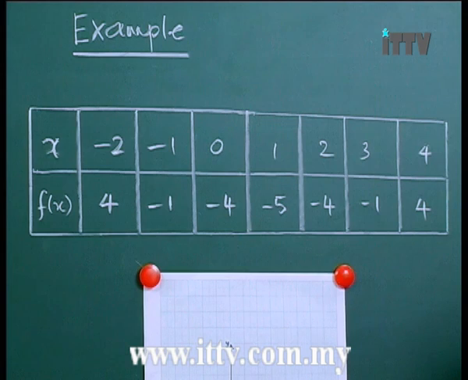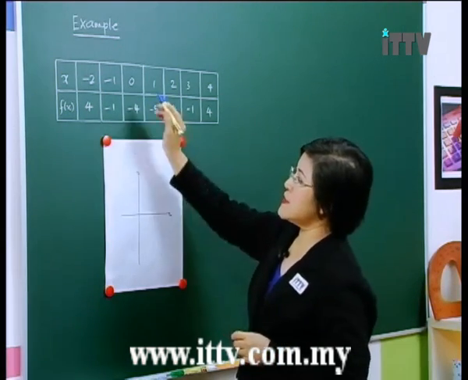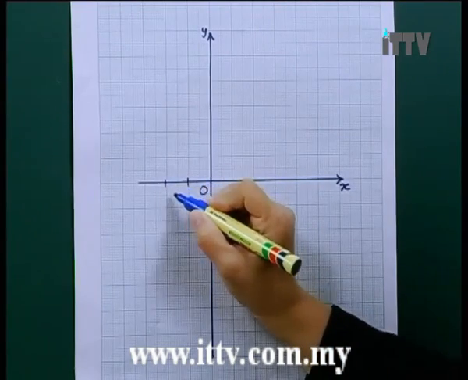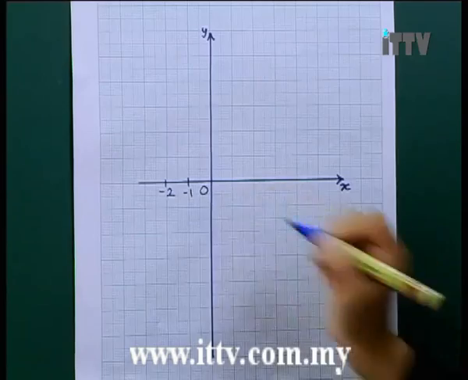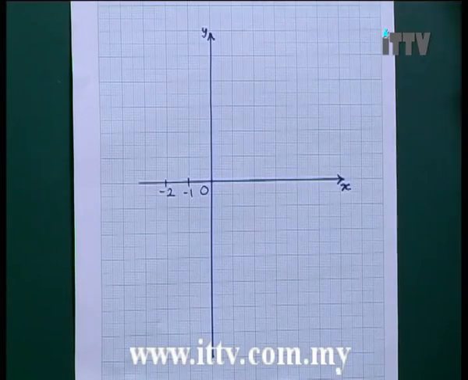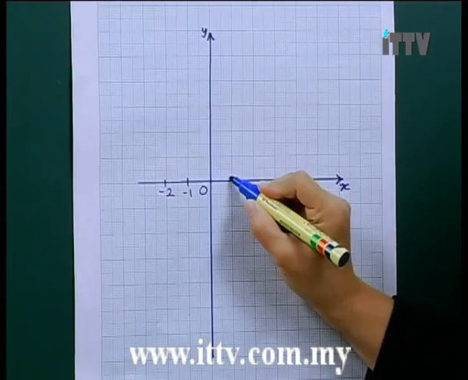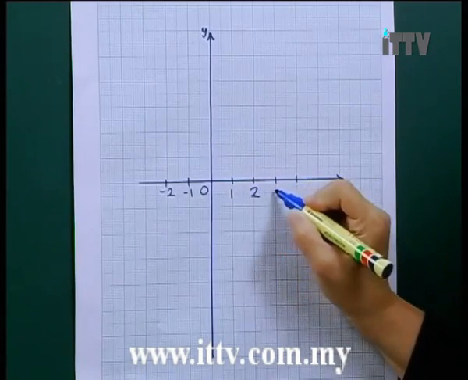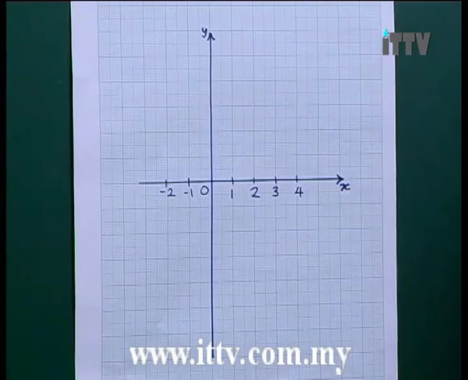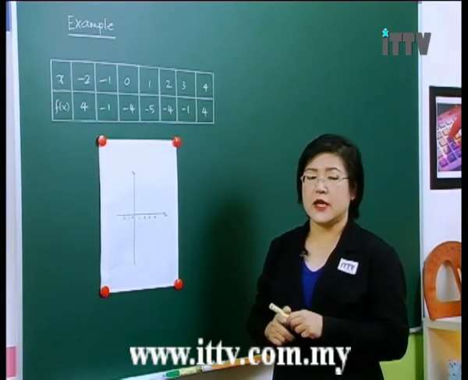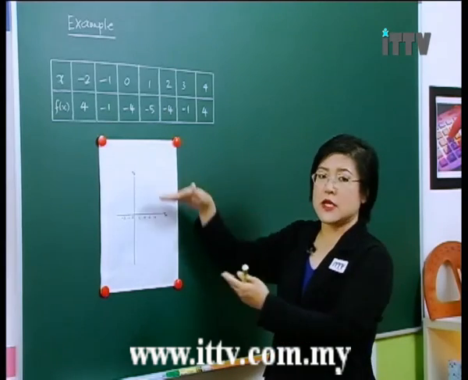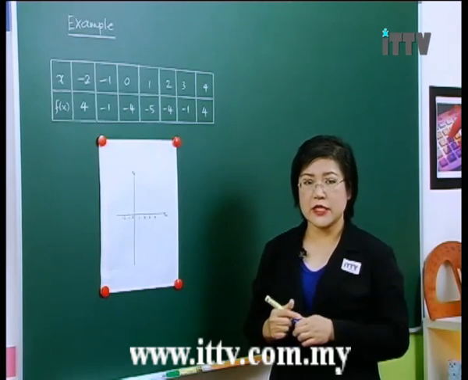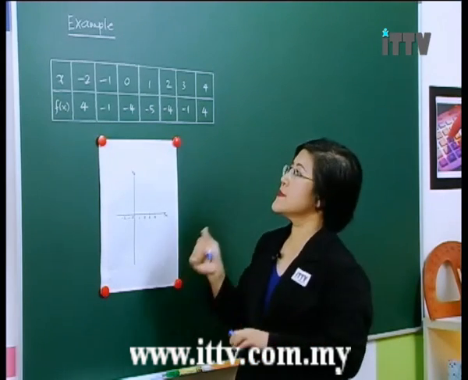So if 0 is right at the origin, I should then label this to be -1 and -2 respectively, followed by the positive values for x from 1 till 4. So there we have it, 1, 2, 3 and 4. The same goes for your y-axis. Ensure that you have enough space to cover all the positive and negative values that the table contains for the y-axis.